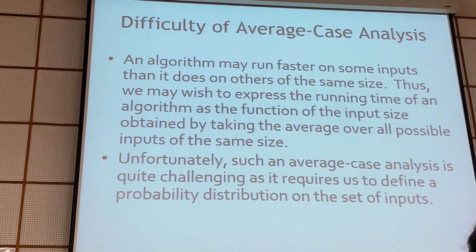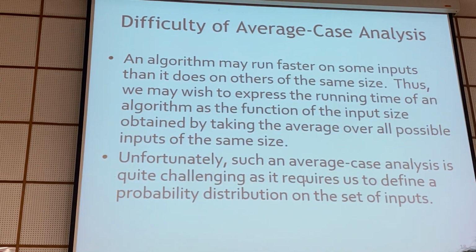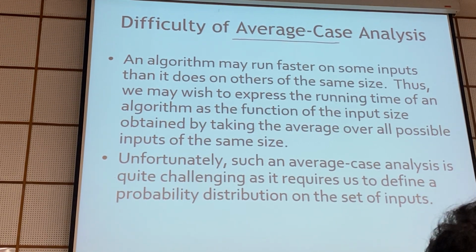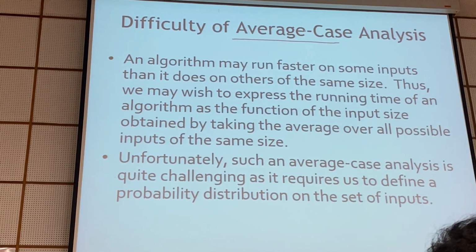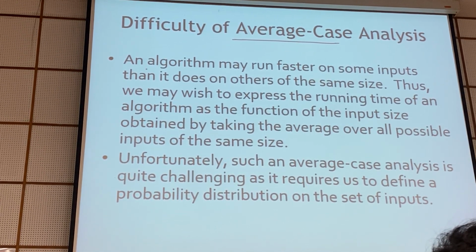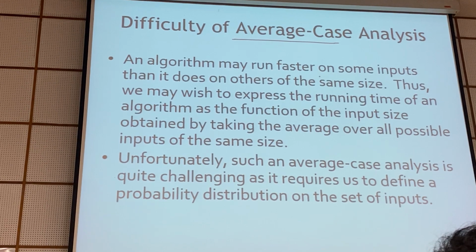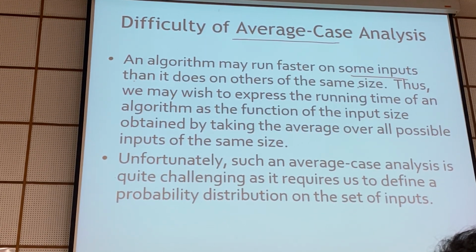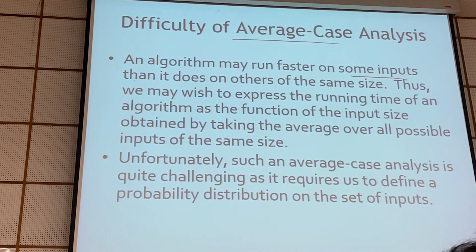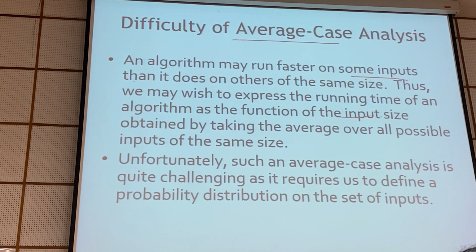Sometimes it's quite difficult to figure out the average. An algorithm may run faster on some inputs than on others. Thus, we may wish to express the running time of an algorithm as a function of input size.